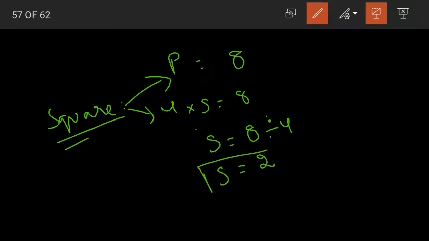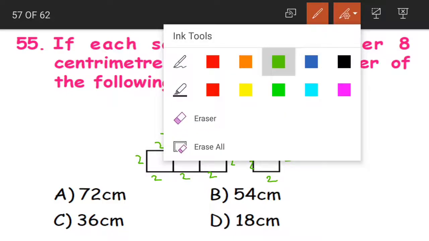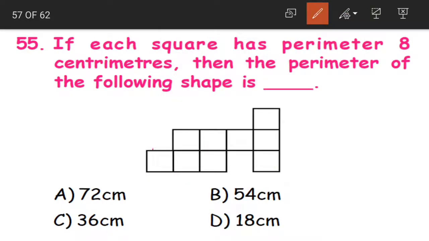So s is equal to 2. The length of the side here is now 2 centimeters. So the length of each side here for whatever square we take is how much, children? It is 2 centimeters. So how to find out the perimeter here now?